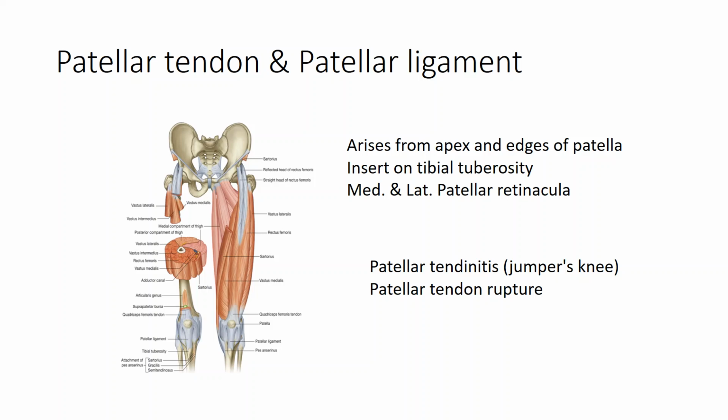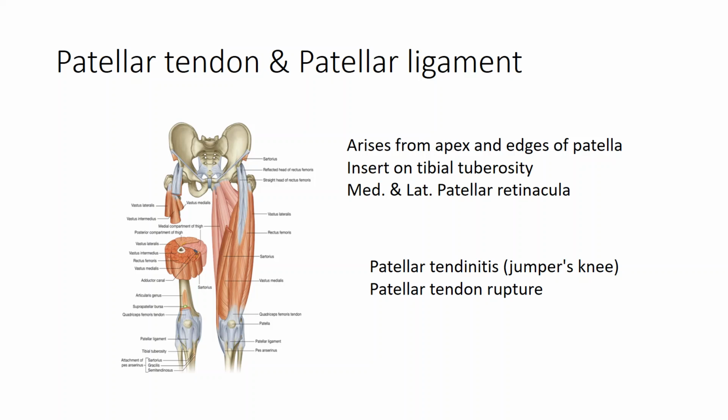Now some more points about the patellar tendon and the patellar ligament. Till now we know the patellar tendon is what? The patellar tendon is the combined tendon of the quadriceps, and the patellar ligament arises from the apex and the lateral edges of the patella, and it inserts into the tibial tuberosity. That's how the patellar ligament is.